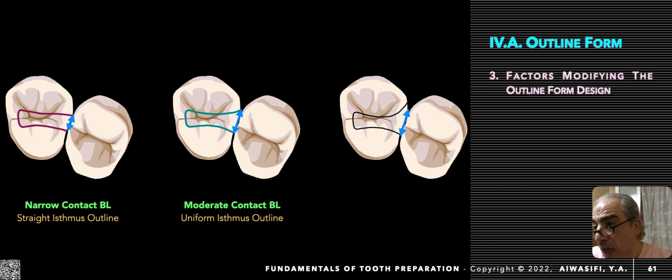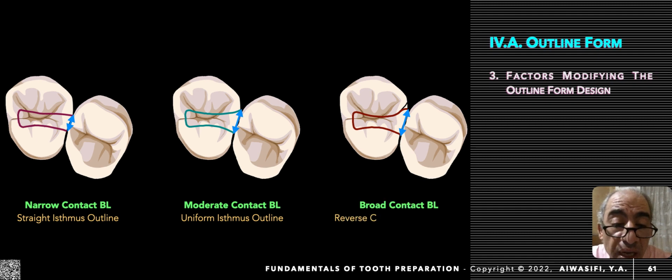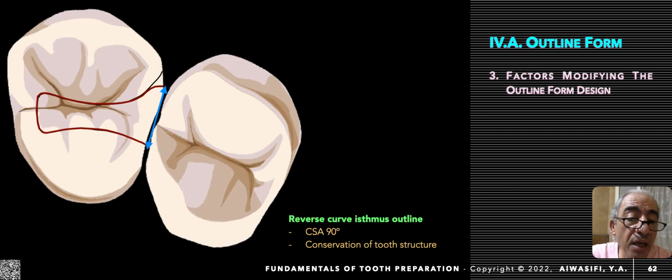The rule is to go in a uniform pattern, and before you go out, just reverse it to be at the head of the arrow, like this. And this is called reverse curve in case the contact is broad in a buccolingual dimension, like this photo, or this figure.